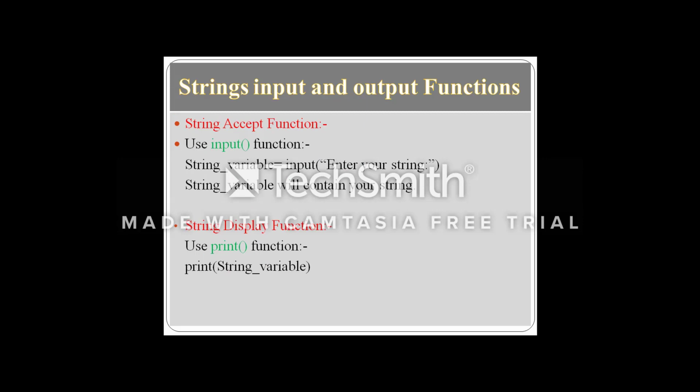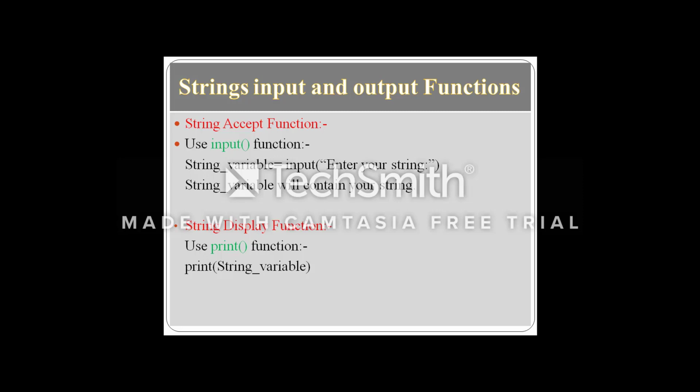Now we will learn about the input and output functions used in Python. In Python, the input function is generally used to accept information from the user. Suppose I want to take some information from outside. In that case, there is an input function which can be used to take input from the user.